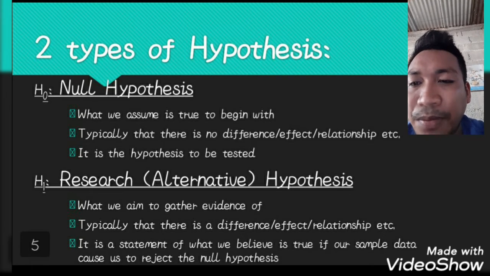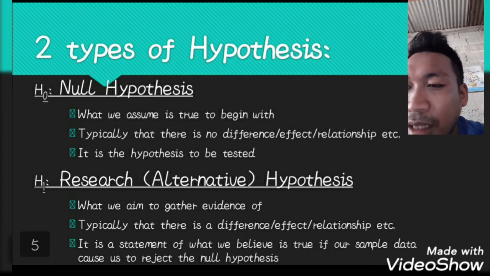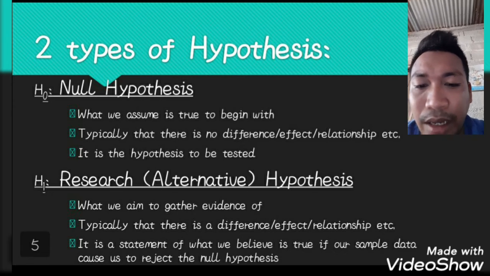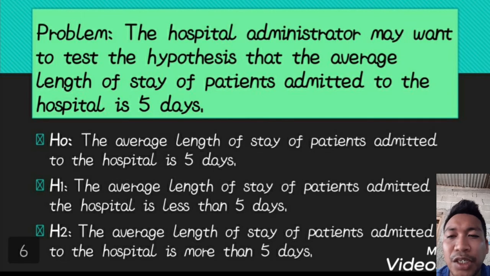Usually, the setting of the problem determines the alternative even before the data has been collected. The problem given on our previous slides: the hospital administrator may want to test the hypothesis that the average length of stay of patients admitted to the hospital is 5 days.